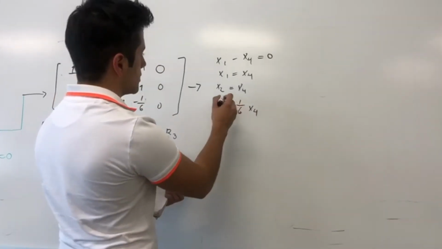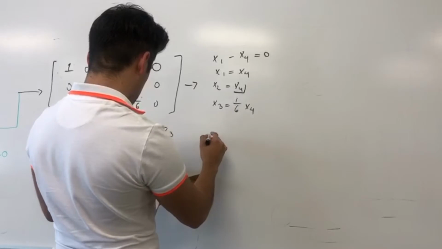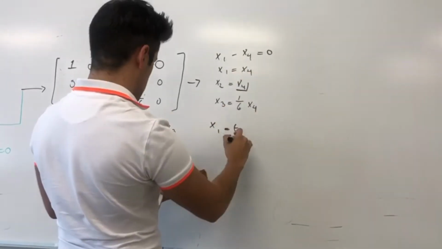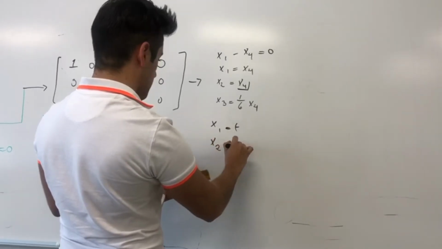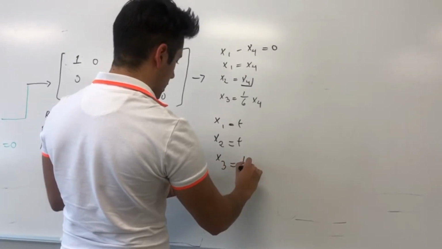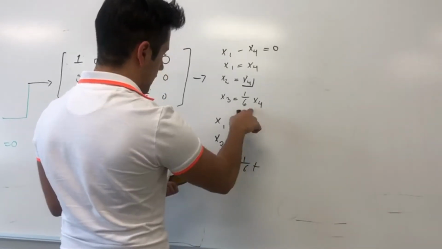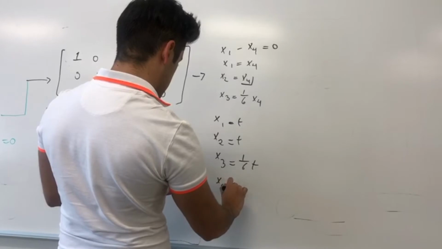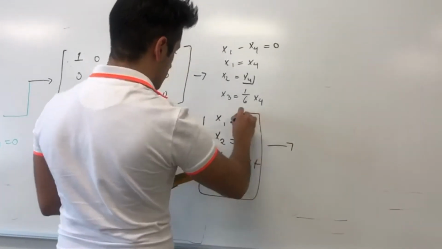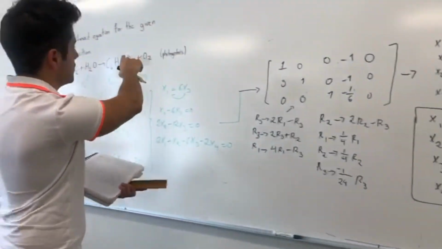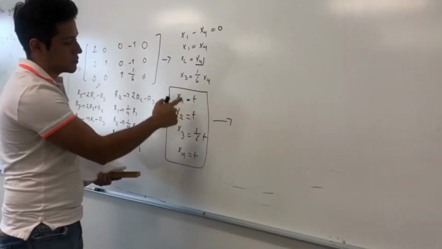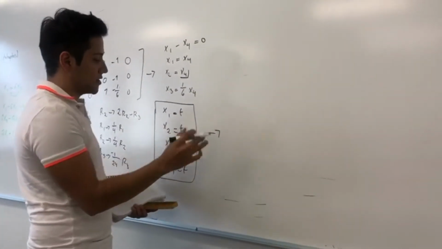Here our free variable is x4, so we're going to assign to x1 a t, x2 again a t because of x4, x3 a 1/6 t, and x4 a t. Now with this solution, we can solve the problem. So we can assign values to t, from 1 to infinity, these infinite solutions.